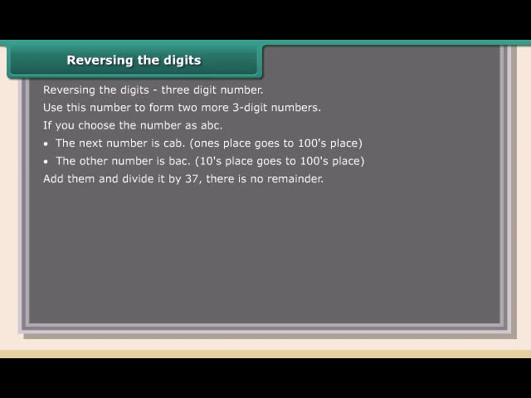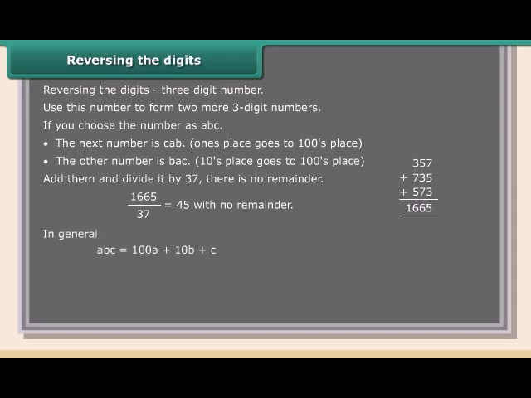There is no remainder. 357 plus 735 plus 573 is equal to 1665. 1665 upon 37 is equal to 45, with no remainder.